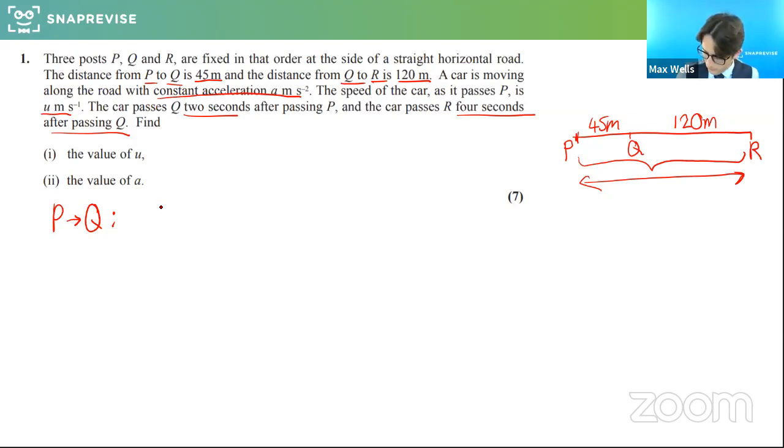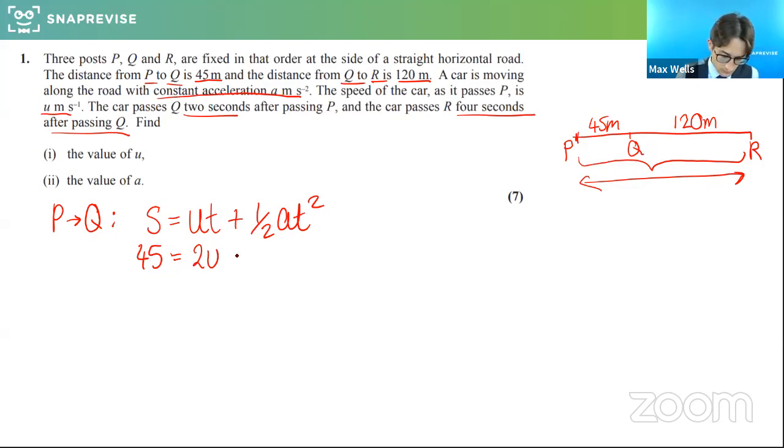So we can put together S equals UT plus half AT squared. So 45 equals 2U, because the time from here to here is 2 seconds, plus a half times A times 2 squared.